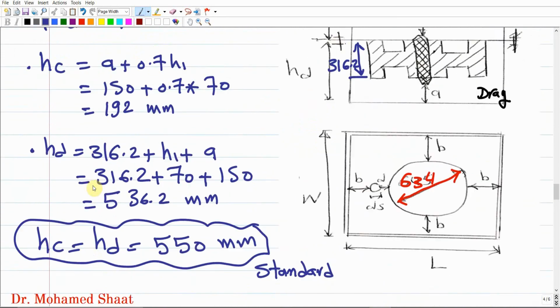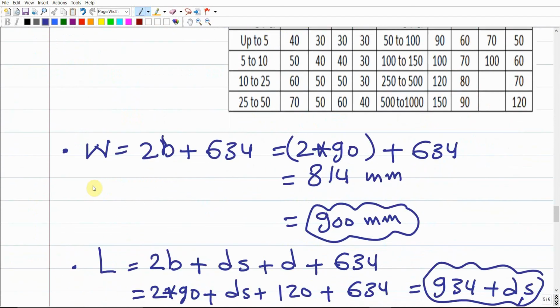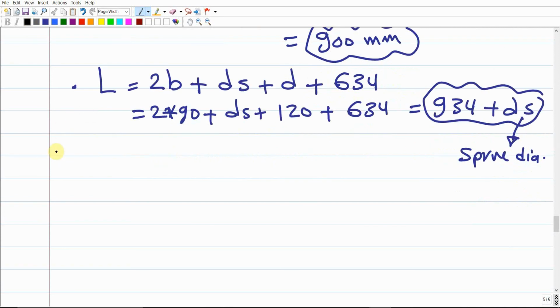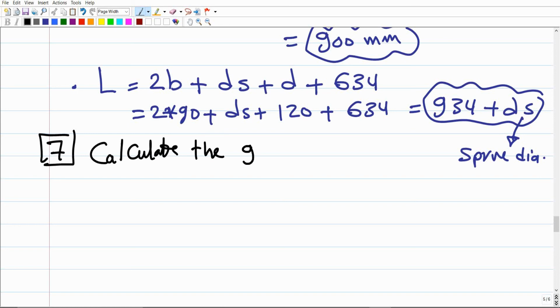Then we're gonna move to the next step, which is step 7, for the calculation of the ingot or the gate. So step 7, we're gonna work here on the gating system. So calculate the gate diameter.